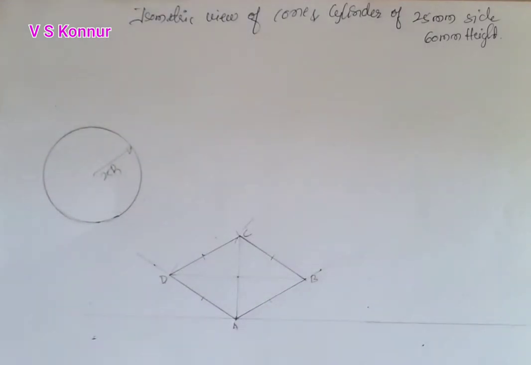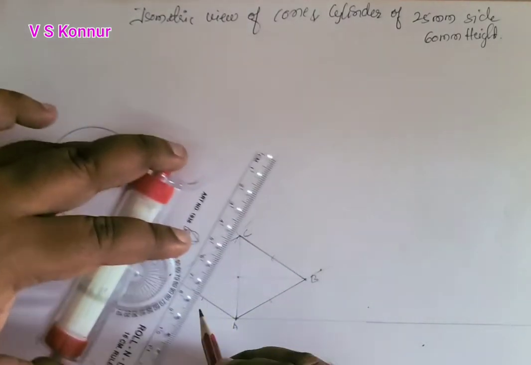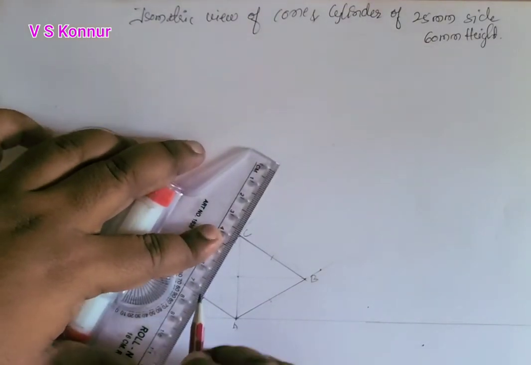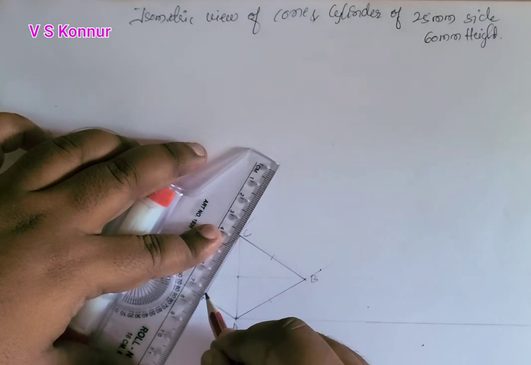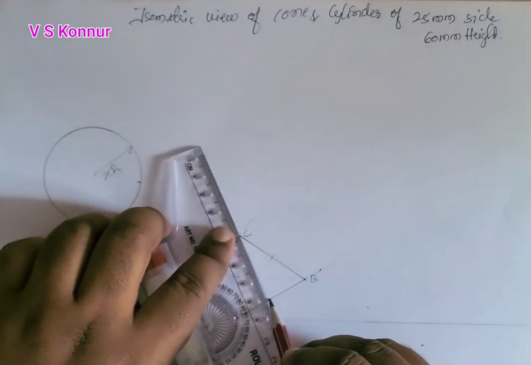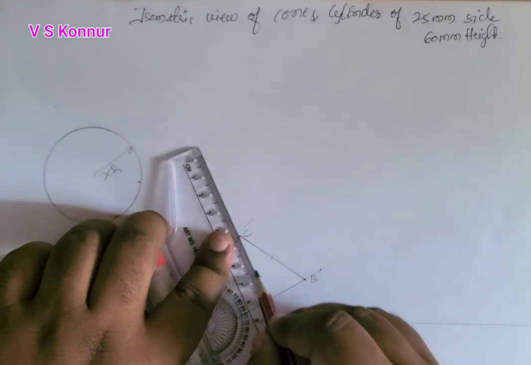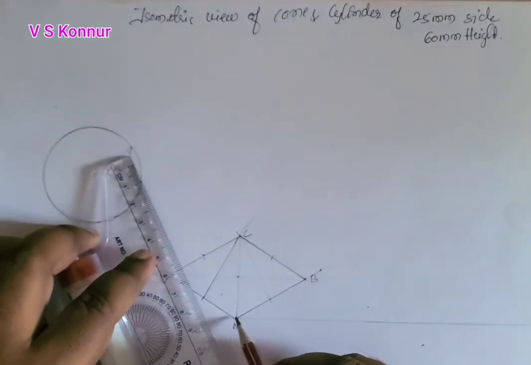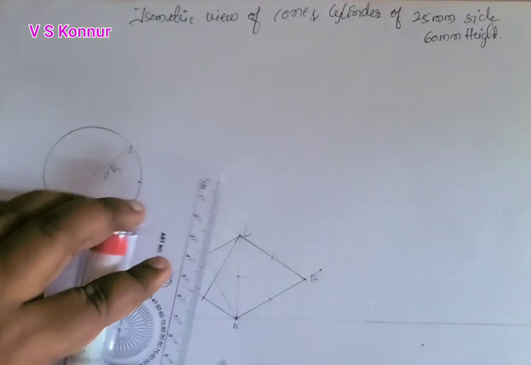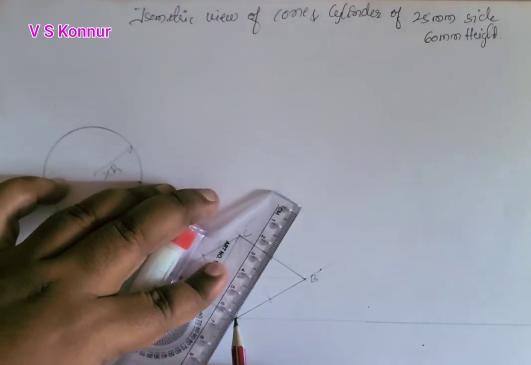Because we have to join these centers to the corners. Corner C I am joining now. So this I will join with the same C corner, and then A I will join with this corner. Once again the opposite edge corner.